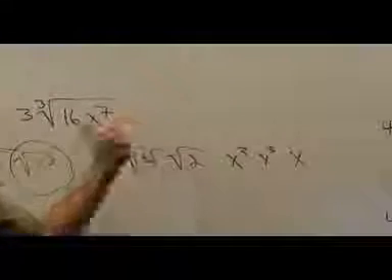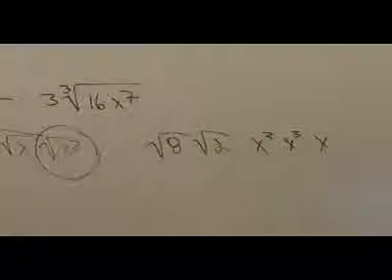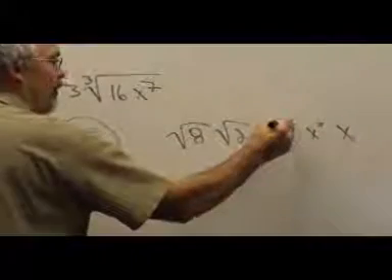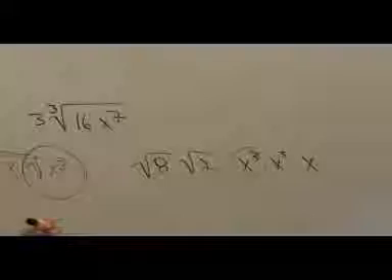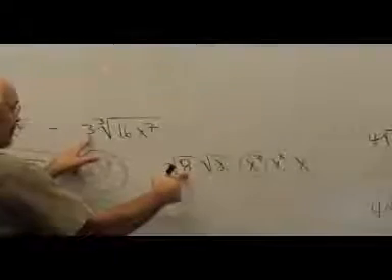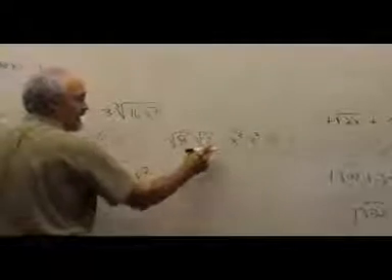Yes. Because 3 plus 1 is 4. Each one of these gets to come out because the 3 over 3 cancels, right? So a 2 comes out, 2 times 3 is 6, and an x times an x comes out, which is x squared. Left inside, square root of 2 and an x.